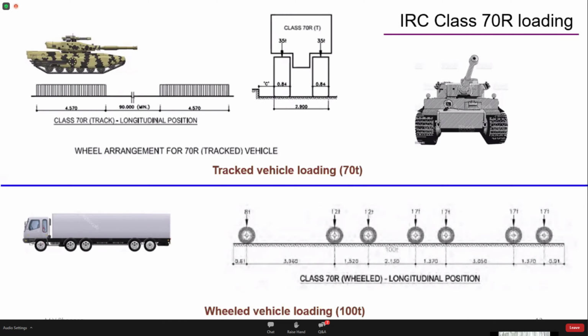The first axle in the front transmits a load of 8 tons, and the subsequent axles transfer loads of 12 tons, 12 tons, 17, 17, 17, and 17 tons respectively. So IRC 70R wheel loading consists of a wheeled vehicle whose total weight works out to be 100 tons.